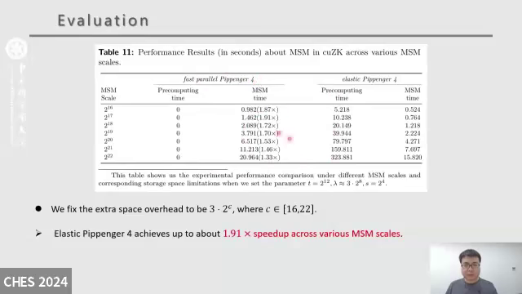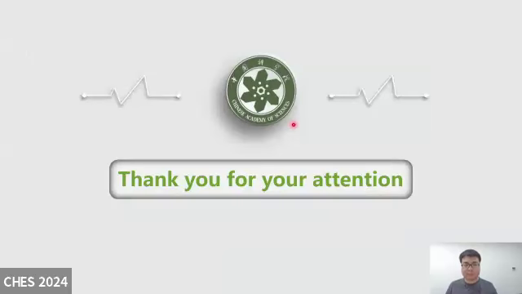Okay, this table shows us elastic Pippenger 4. From this column, we can see that elastic Pippenger 4 achieves up to about 1.91 times speedup across various MSM scales.